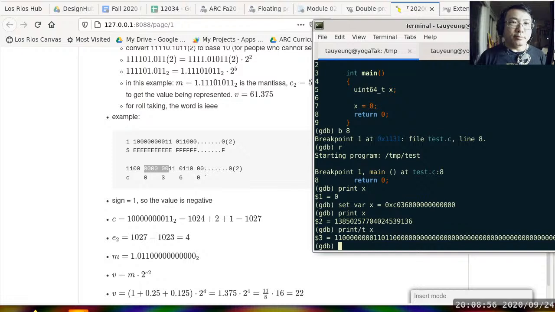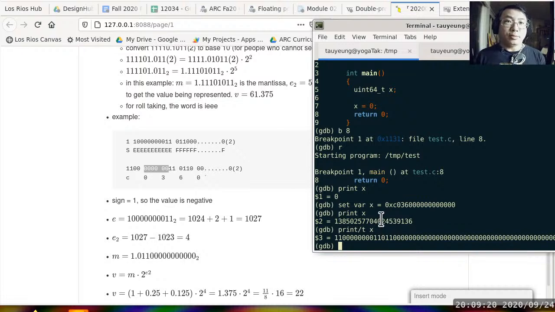Somebody's going to say, oh, we need typecasting. And you are correct about typecasting. Is the problem with you declaring as an int and not as a double? That is correct. In other words, when I ask GDB to show me the value of x, GDB is looking at the type of x, which is an unsigned 64-bit integer.